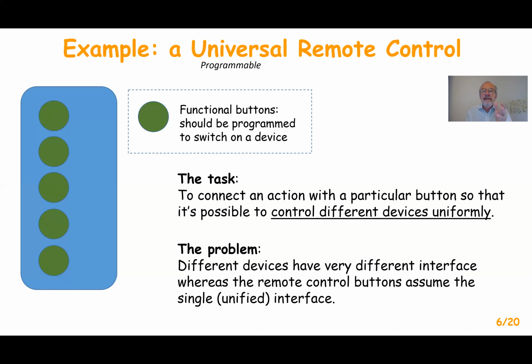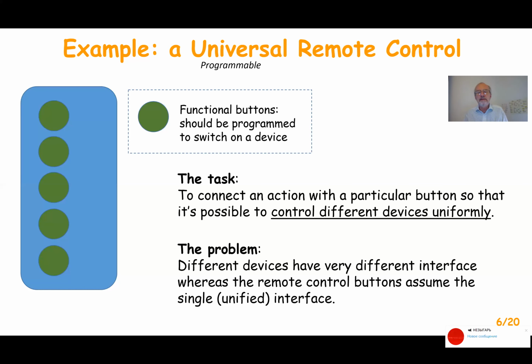To connect an action with a particular button so that it's possible to control different devices uniformly, as I gave you an example with a TV remote control and a remote control that controls air conditioning. So the idea of this universal remote control is to be able to control various devices in your apartment, for example, or in your house. Okay, however, we have a problem.